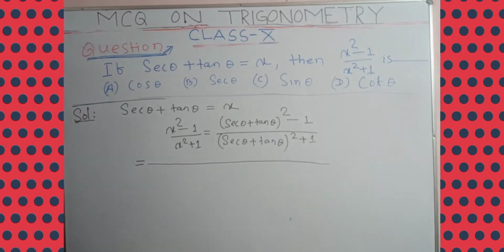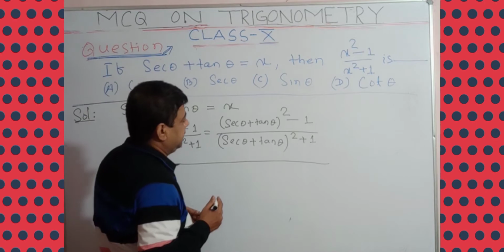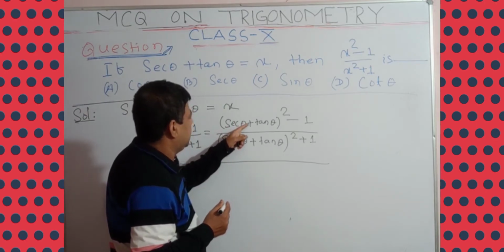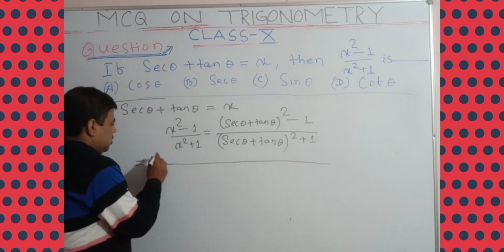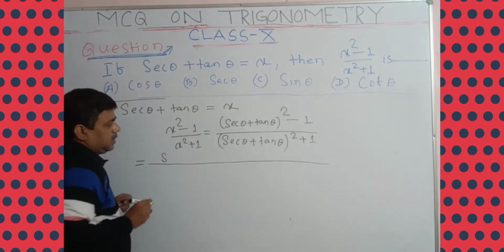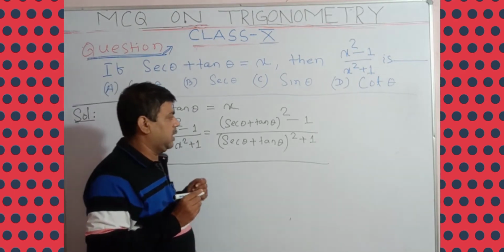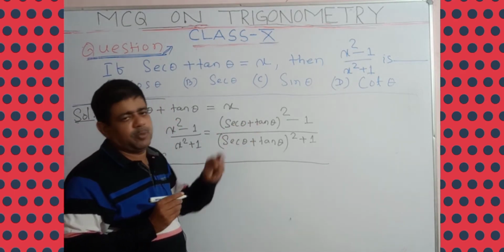Okay, let's see. Here (sec theta plus tan theta) whole square. Can I use the identity (a plus b) whole square, which is a square plus b square plus 2ab?